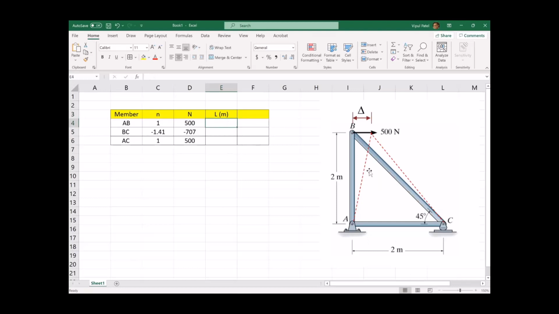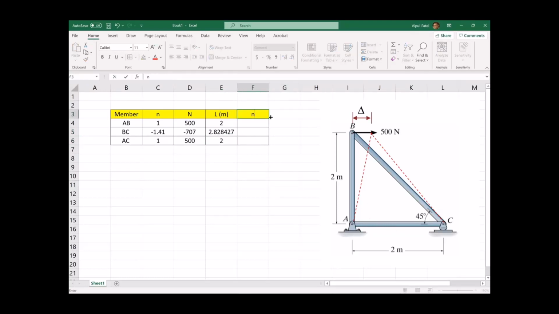Length AB is 2 meters. BC is square root 8, so it's basically 2 squared plus 2 squared, to the power of 0.5, which is 2.82, and AC is 2 meters.